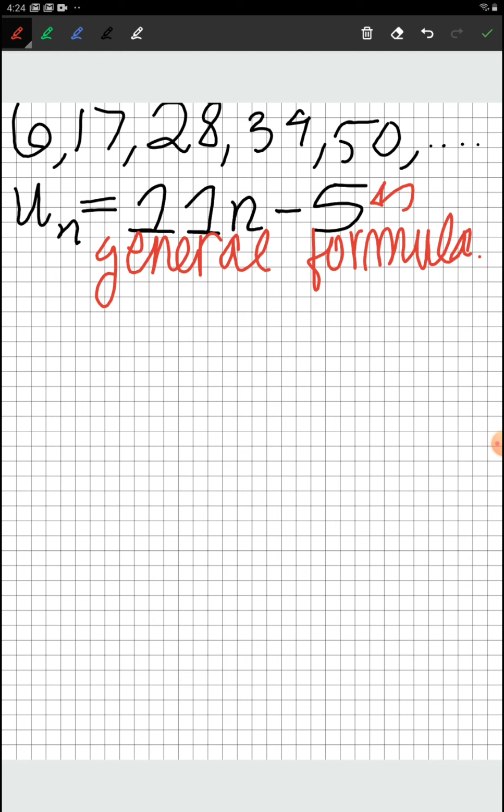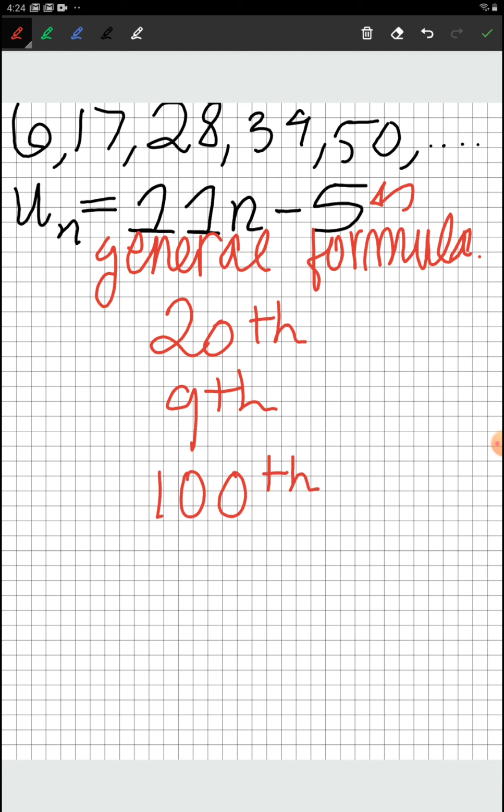So now I can determine any term that I want. I can determine the 20th term, the 9th term, the 100th term. n would be 20 there, n would be 9 there, n would be 100 there. And the next question is asking me, find the 50th term.